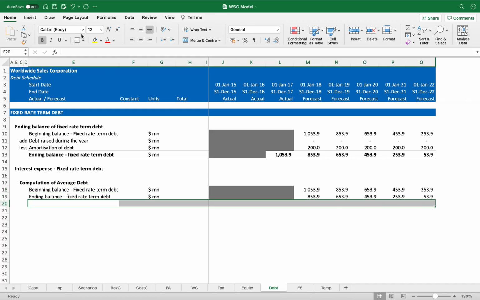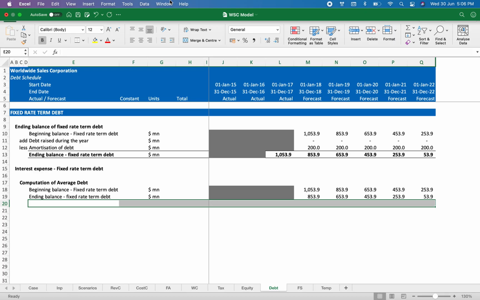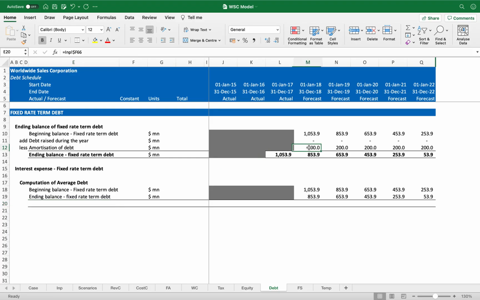Why average? Because we've been discussing this earlier as well, that your interest is always charged on an average debt balance. Because I have to factor in these movements also. If I bring in something during the year, if I repay something during the year, I don't want to go to the nitty-gritties of what dates I am taking the debt, what date I am repaying.